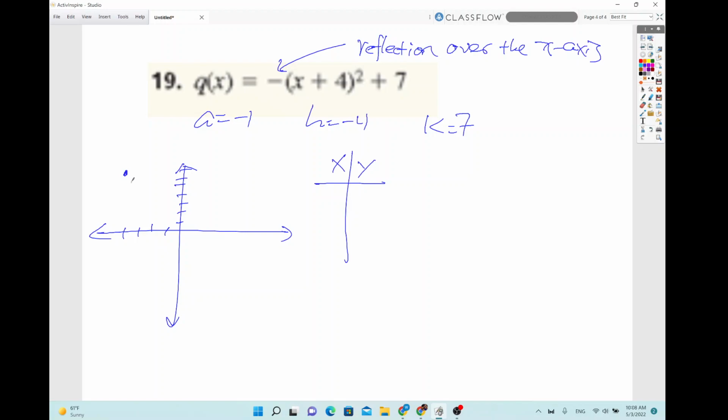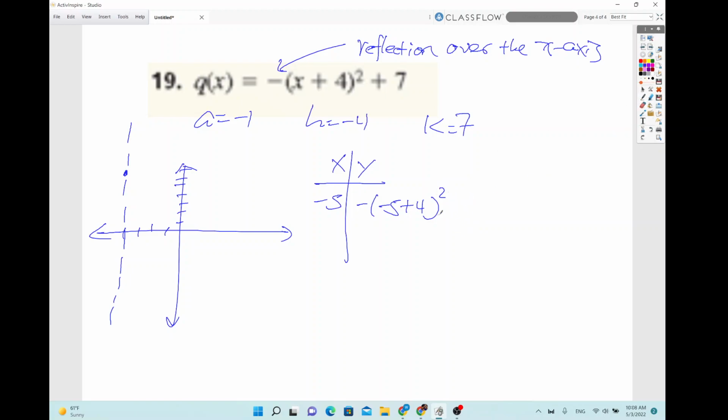Going through the vertex, we do have a line of symmetry. So anything close to -4, so -5. So -5 plus 4 quantity squared. So that's -1 quantity squared, which is 1, times -1 plus 7.